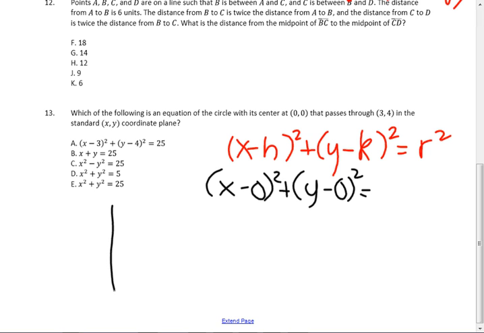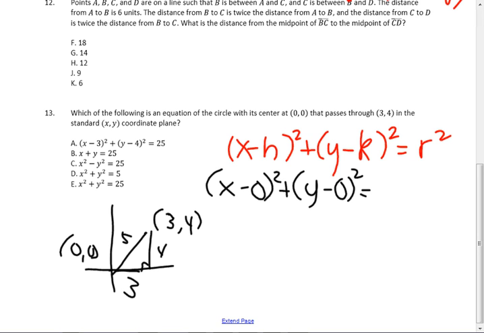Okay. Here's the origin. There's where it's centered. 3, 4 is right here, and this is going to be your radius. So this is 3, this is 4, this is 5.